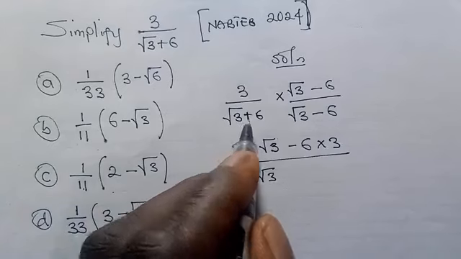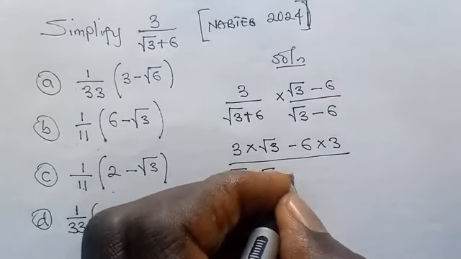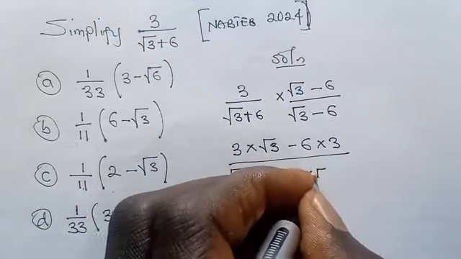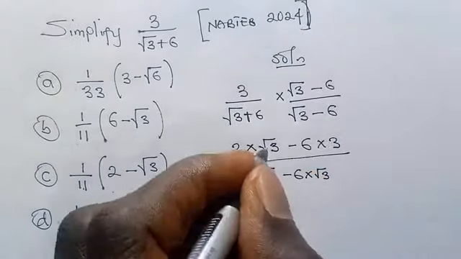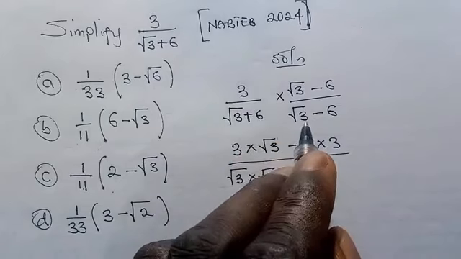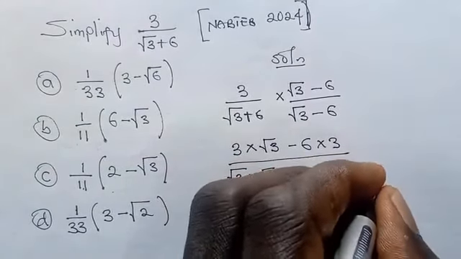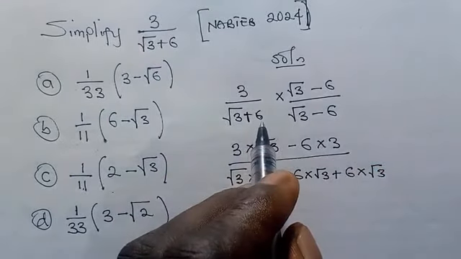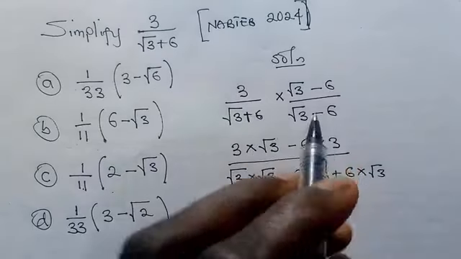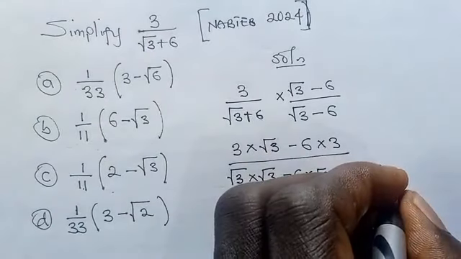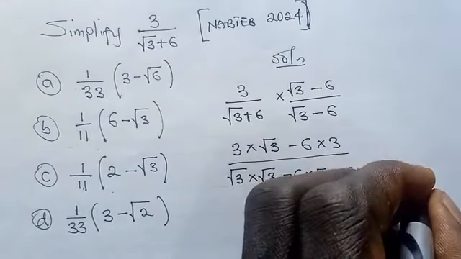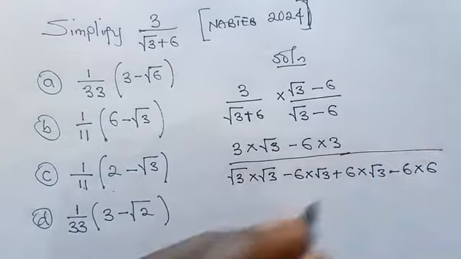Next, we have root 3 multiplying minus 6. That is minus 6 times root 3. Next, we have 6 times root 3. That is plus 6 times root 3. Then lastly, in the denominator, we have plus 6 times minus 6. So that is minus 6 times 6.